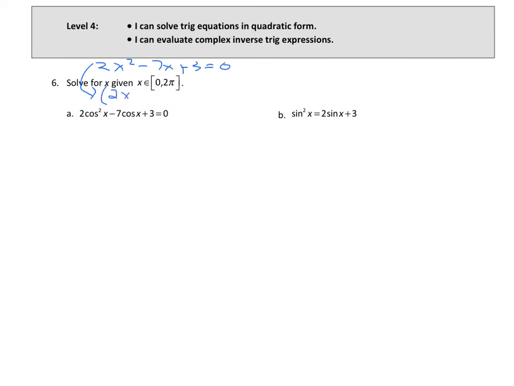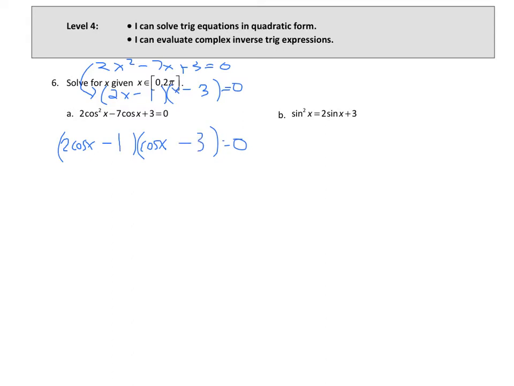This would be 2x and x, and we would put a 3 here and a 1 here and a minus and a minus. We're going to solve this cosine equation the same way. We're going to factor it, and we get 2 cosine x times cosine x, and then a minus 1 and a minus 3.